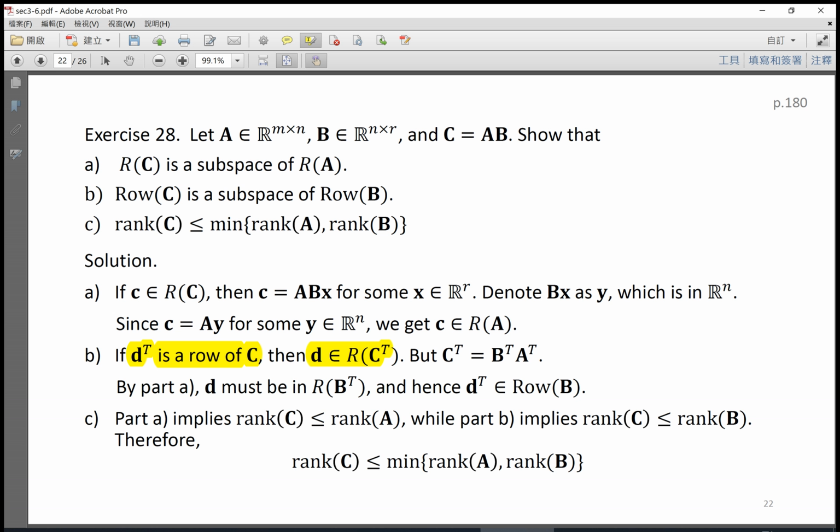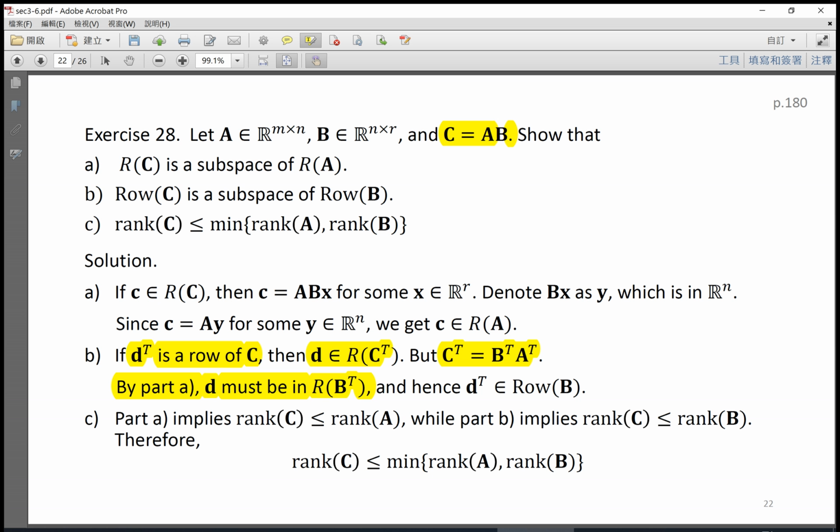We know C equals A times B. If we take transpose on both sides, then we have C transpose equals B transpose A transpose. Now we can use part A. We have d belongs to the column space of C transpose. By part A, we know d must be in the column space of B transpose.